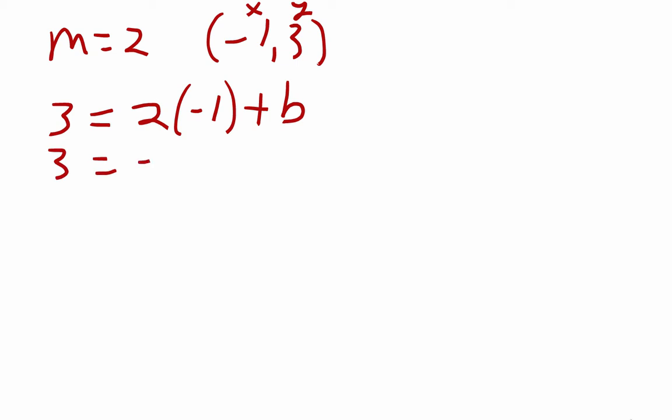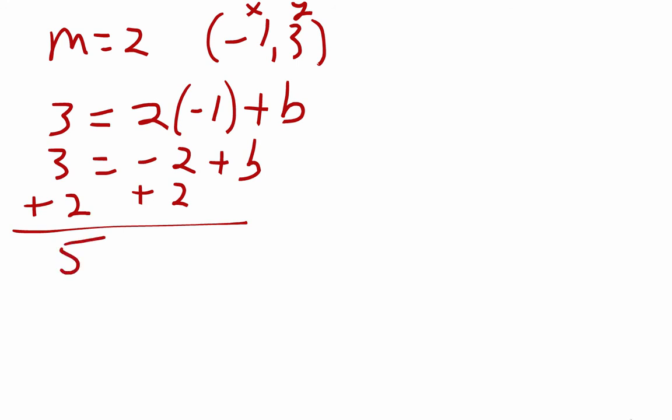So now I have 3 equals 2 times negative 1, which is negative 2, plus b, add 2, so 5 equals b, so my y-intercept is 5.